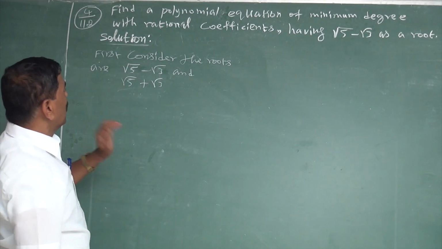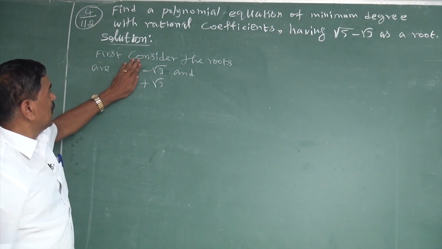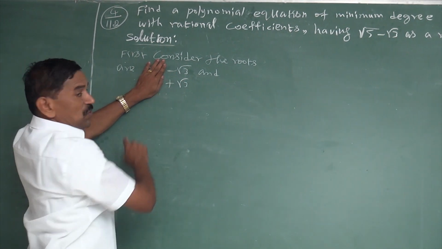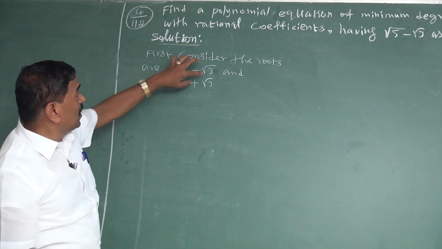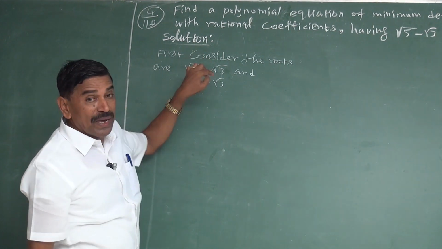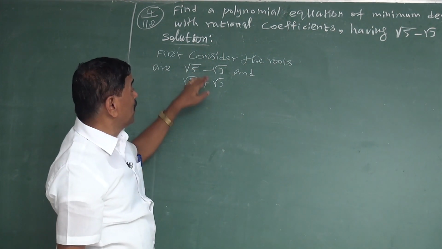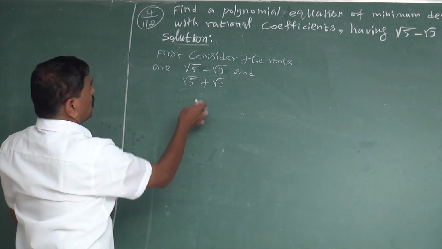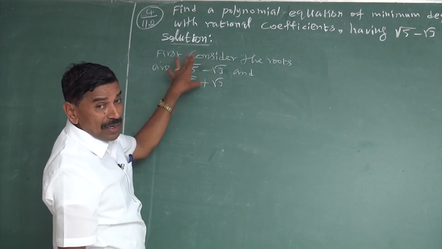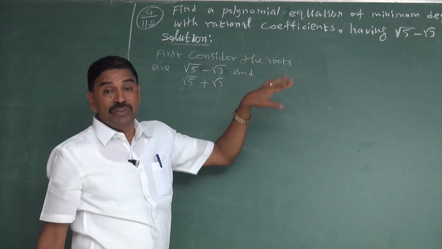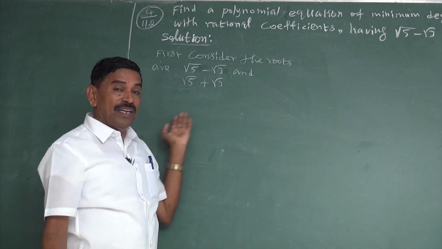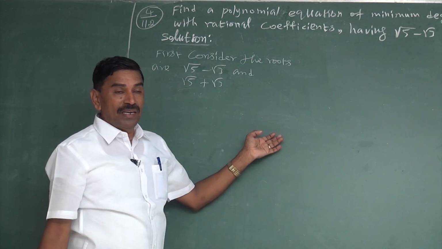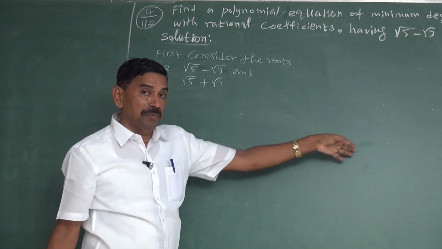That's all. See here, minus root 5 fixed and minus root 3, plus root 3. That is the technique. First consider these two as a pair. Using this pair we want to find one quadratic equation. We know that to find the quadratic equation we need the sum of the roots and the product of the roots. Then the quadratic equation is x square minus sum of the roots into x plus product of the roots equal to 0.